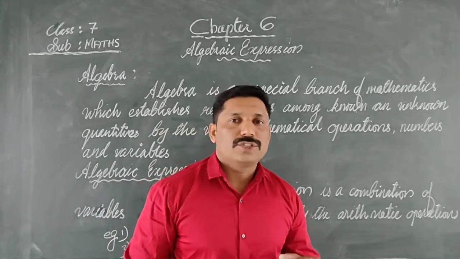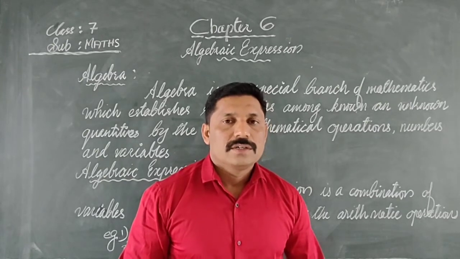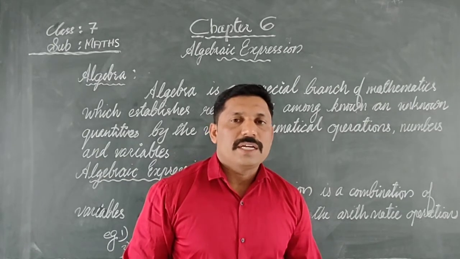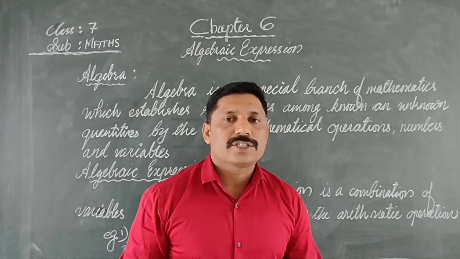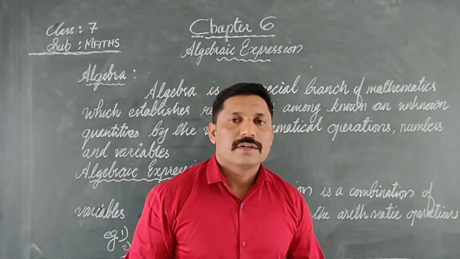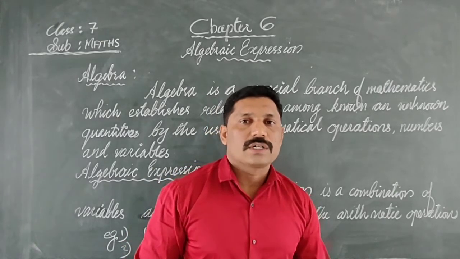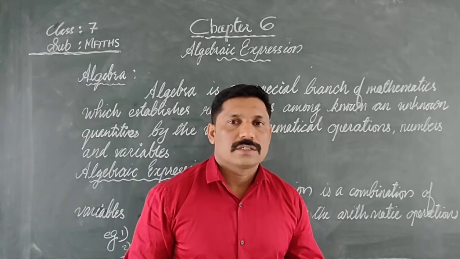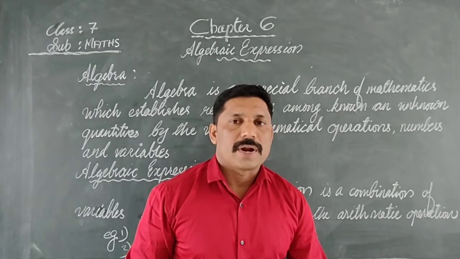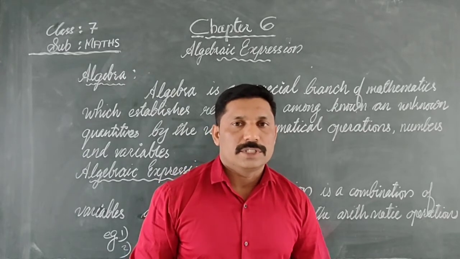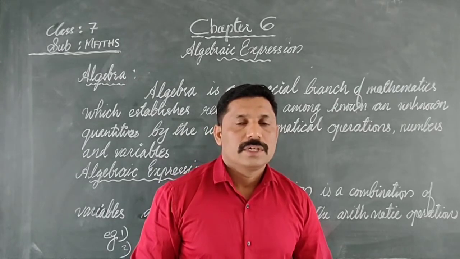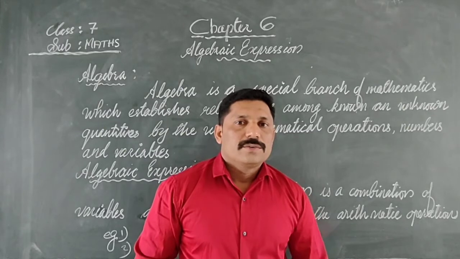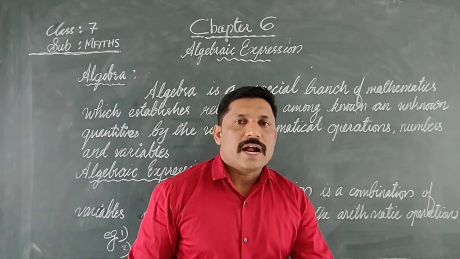Algebra is a branch of mathematics which establishes a relation among known and unknown quantities by the use of mathematical operations like addition, subtraction, multiplication and division. So here we use known and unknown quantities.